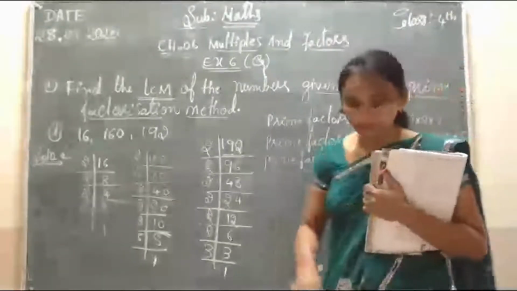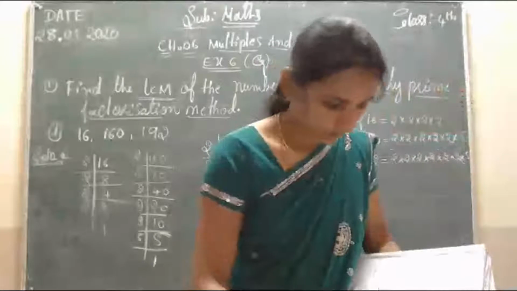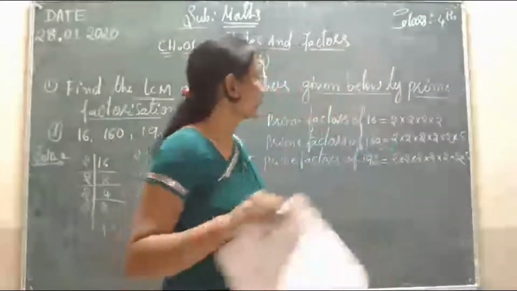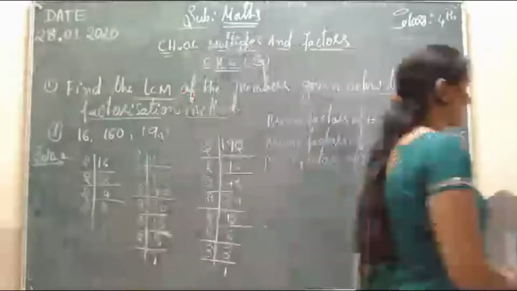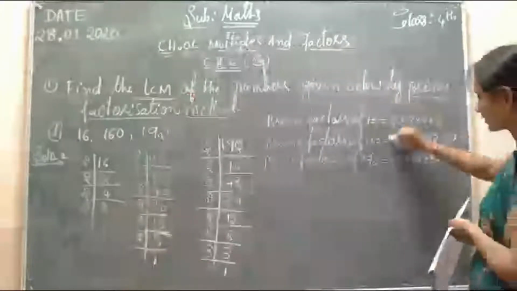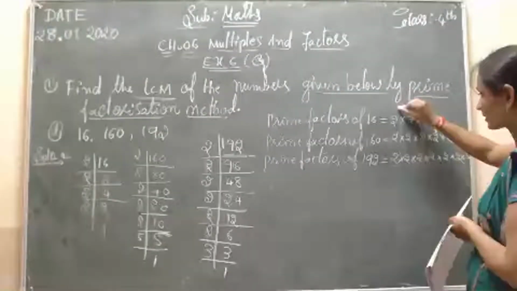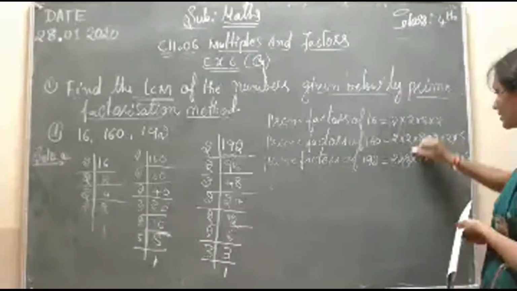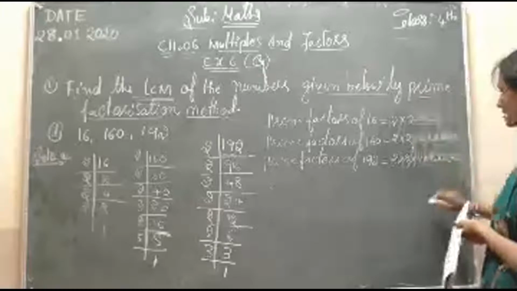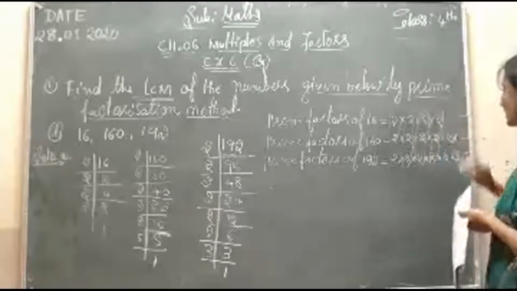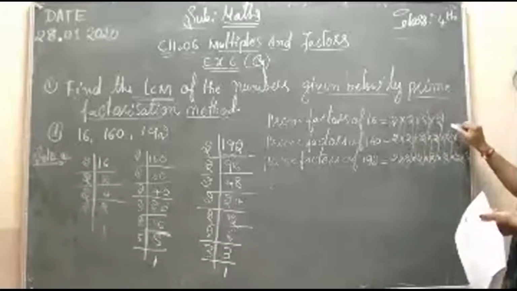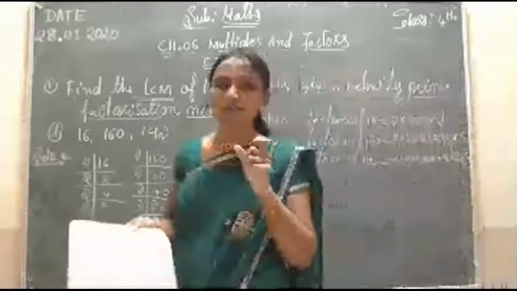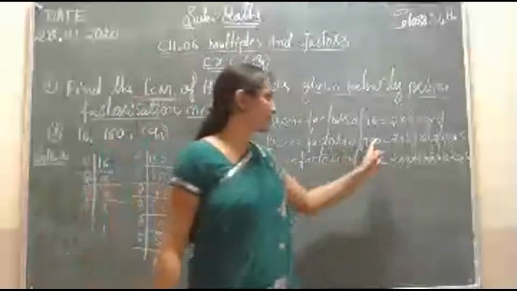Okay, see here. So how to see the factors of 16, 160, 192. Next, let's take the common ones, students. Here it is given, but we are not taking the factors of 16, you have to consider only two numbers, that is 160 and 192.